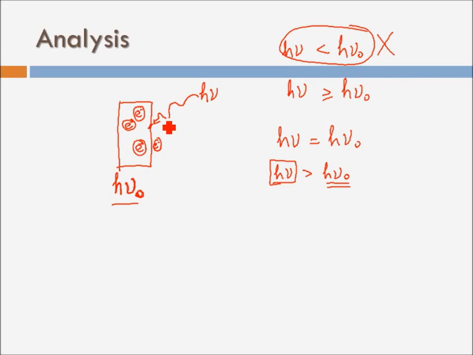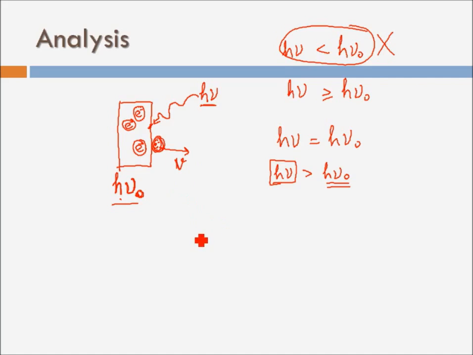One single photon only interacts with one single electron. So this complete h nu energy will be imparted to this particular electron only. The h nu naught will be the energy consumed by the electron in order to get away from the metal's body, and the rest of the energy left will be converted to kinetic energy of this electron. So it will keep on moving with velocity v.